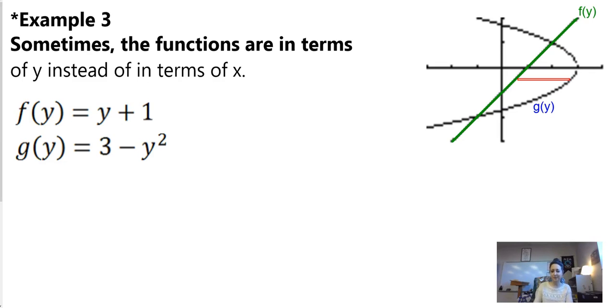All right, so a couple things you hopefully notice here. First, it's kind of weird because your functions are in terms of y instead of in terms of x. And maybe you see here, this black one doesn't even pass the vertical line test, right? So we've kind of tilted everything.